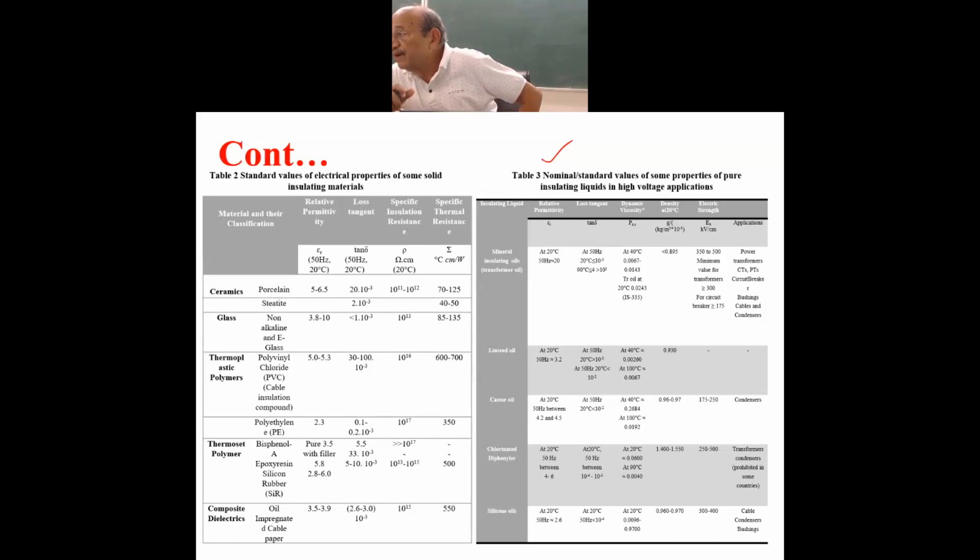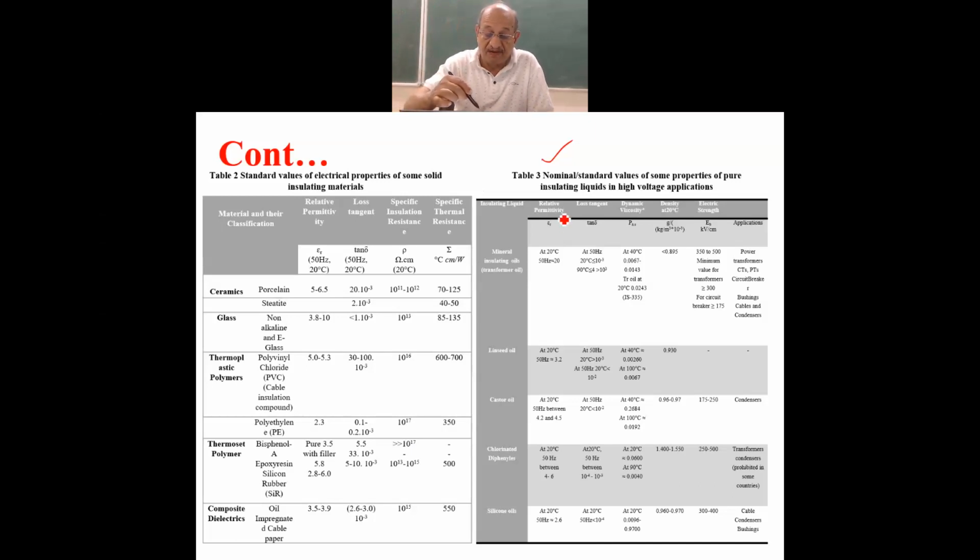As you can see, these are the nominal values given here. For example, the epsilon R for different materials, for castor oil, for mineral oils, for linseed oil, for silicon oil, the bottommost, as you can see the standard value. Obviously, it must be defined.